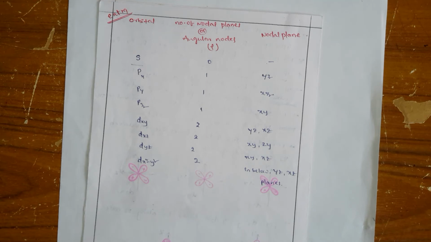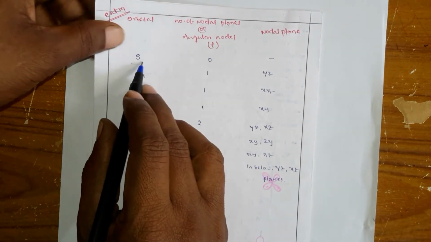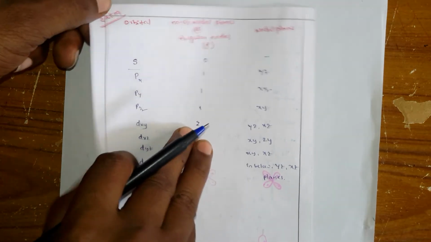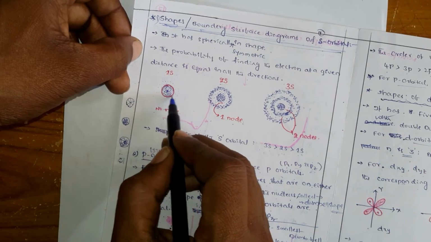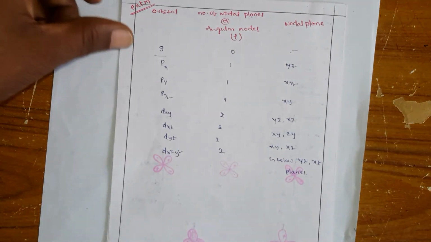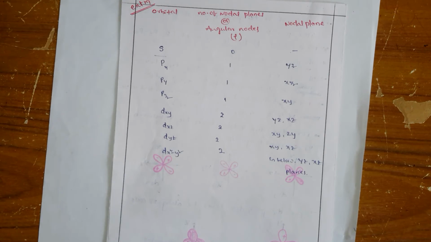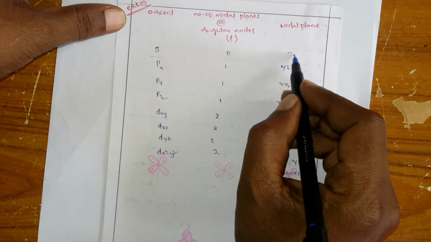So where is the 0 for the s orbital? You see, for the s orbital, is there any? Look at here, s orbital. No, right? So in the s orbital, in all directions the finding of an electron is symmetric, so the nodal planes are 0.